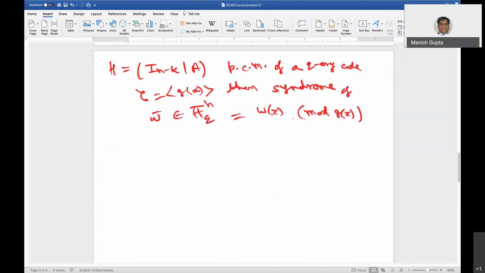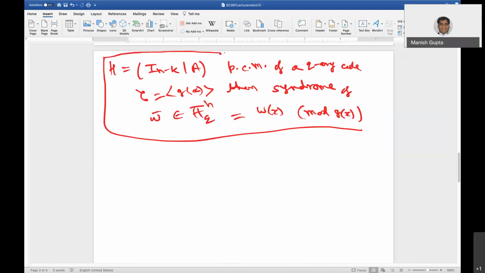This is an important result, and I'm not giving the proof of it, but we are going to actually show in an example later on how we can decode.